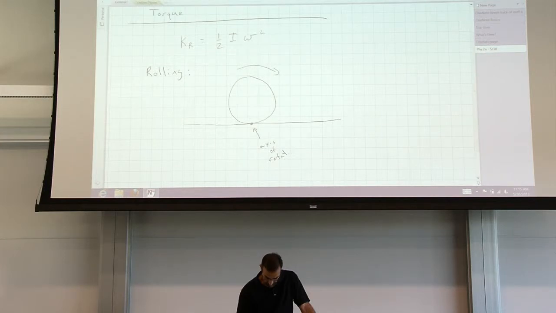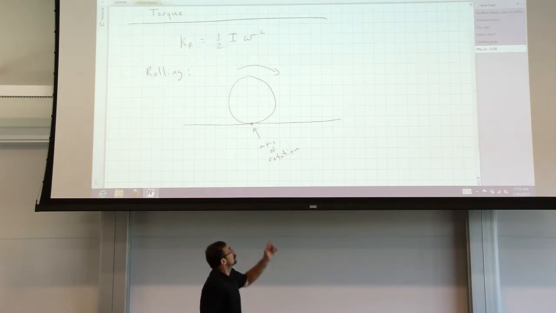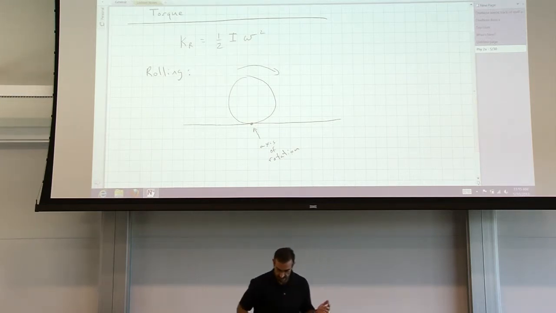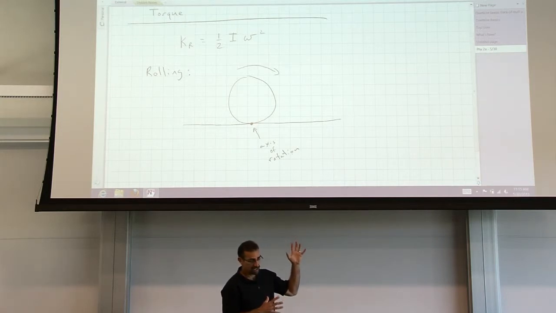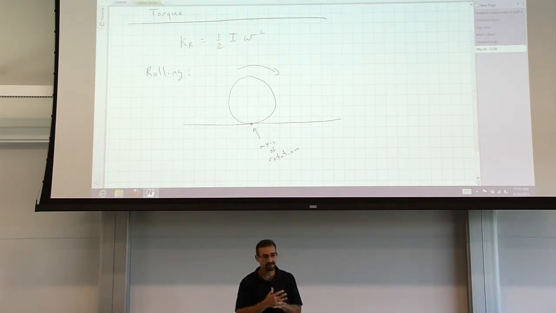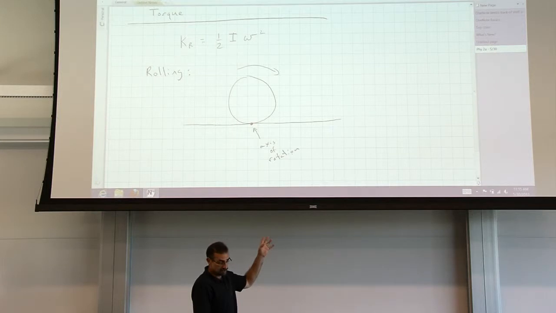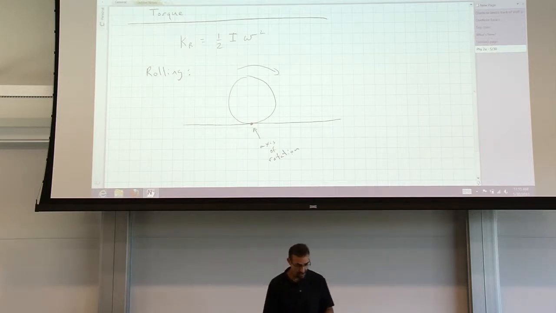That point where it's in contact with the ground, that's the axis of rotation. And it's pivoting on that point that's touching the ground. And this is a little bit of a complicated way to view it because it's not rotating at its center of mass, and I mean, we could figure this out, and I'll give you a technique later on to show you that.